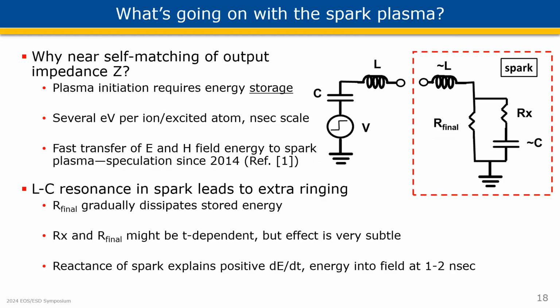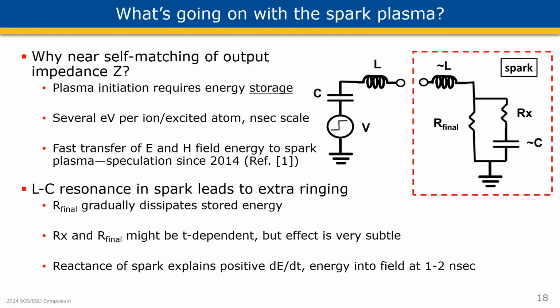Okay, well, let's ask what's going on with the spark plasma. There is a kind of self-matching of the output impedance going on with this mirroring of inductance and capacitance in the spark. Now, we shouldn't be surprised that there are reactive elements in the spark. As we said, we kind of proved that with the field energy calculation.